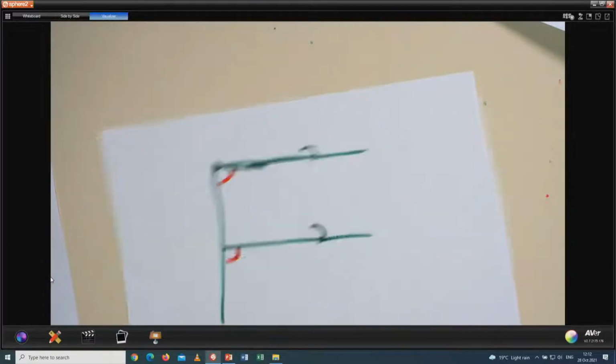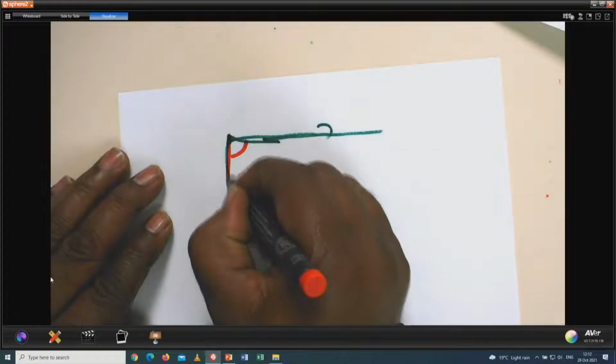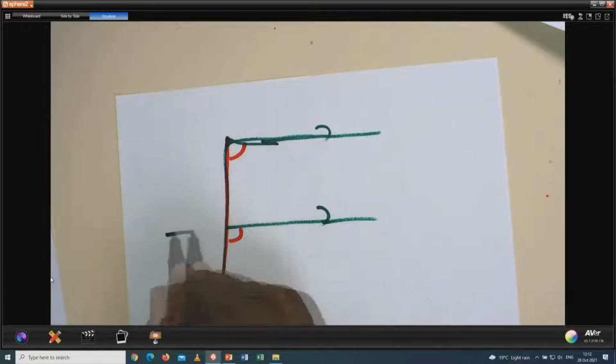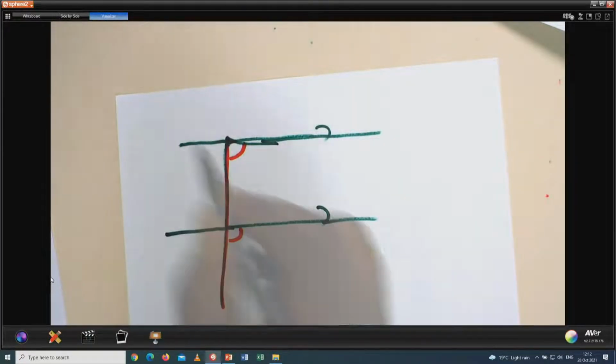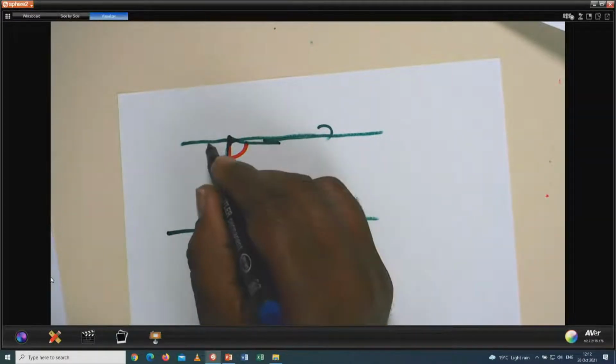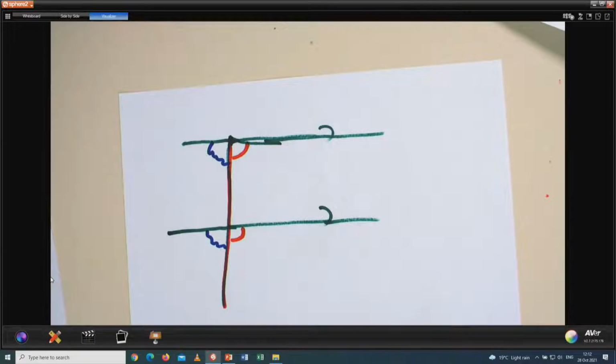What do you mean corresponding? Here is your transversal line. Now, what do you mean by corresponding?